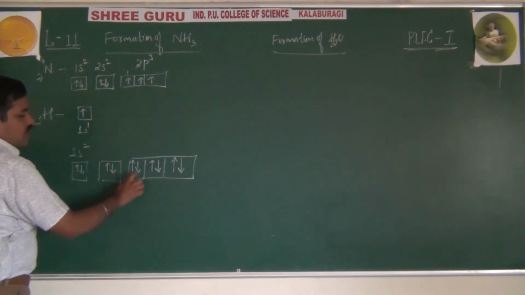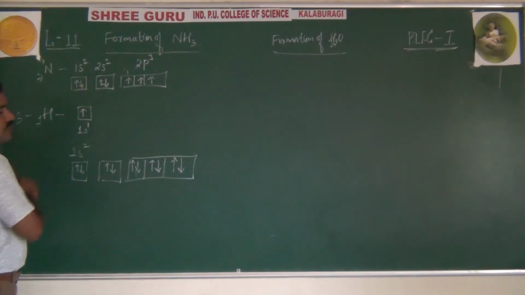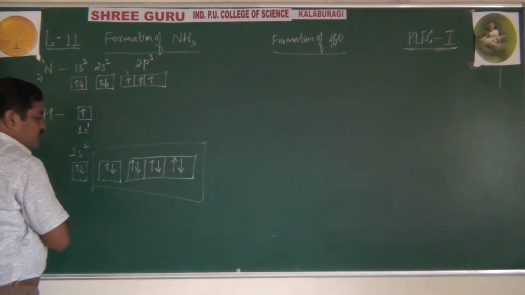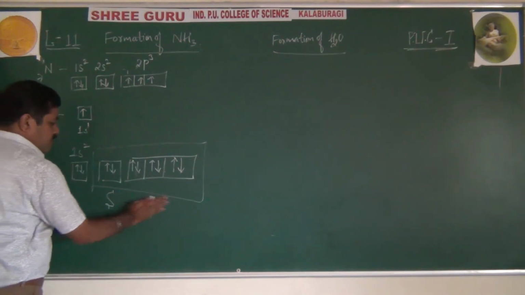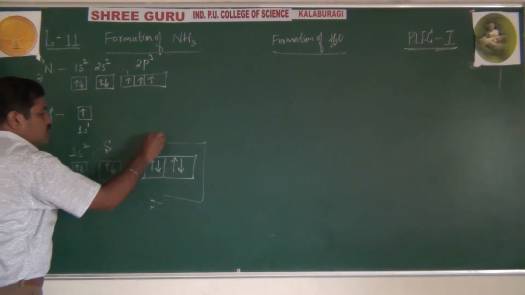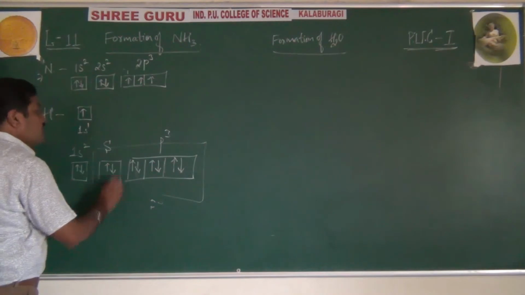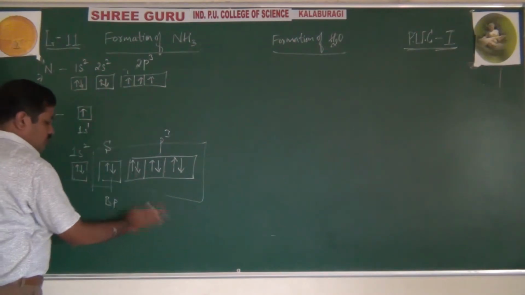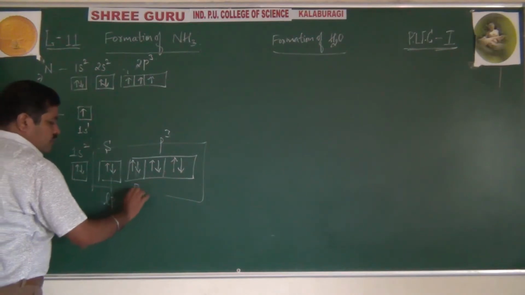The question arises: where do these three electrons come from? From the 3 hydrogens. They share and will form sp3 hybridization. But remember, this is the pair that is already paired, and it is non-bonding. Sorry, this is LP, lone pair, and these are BP.